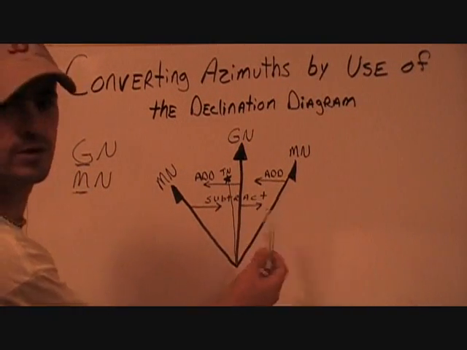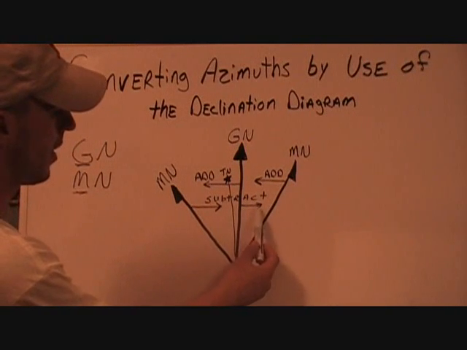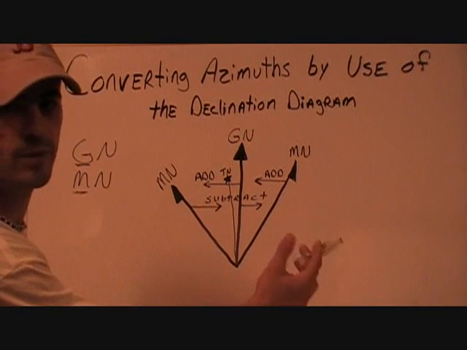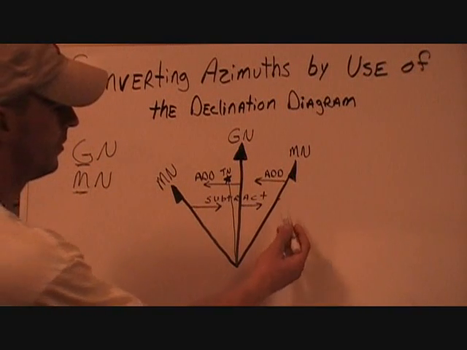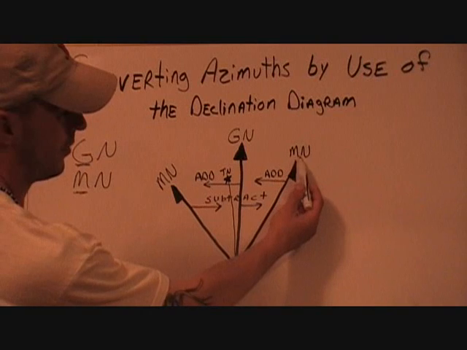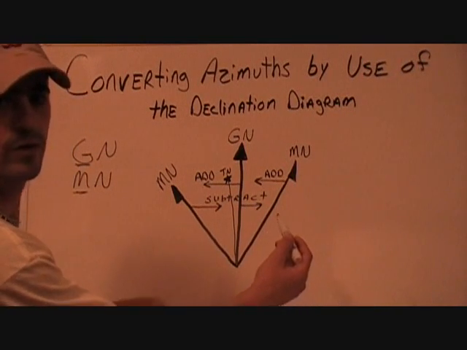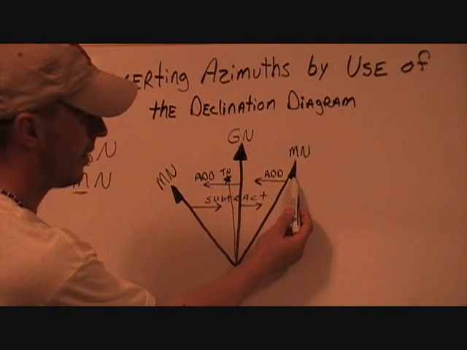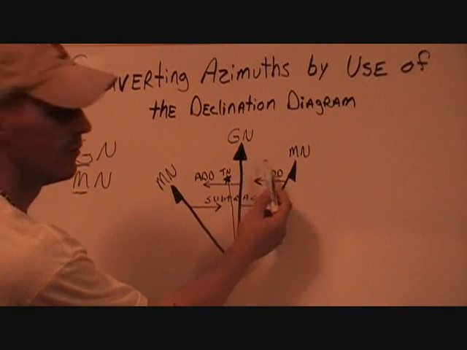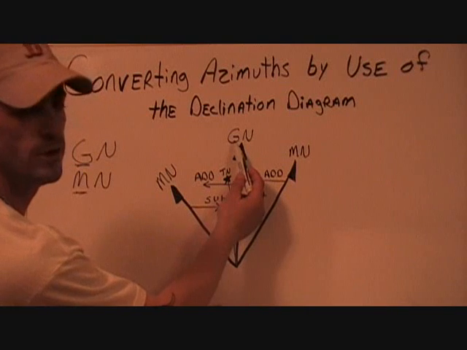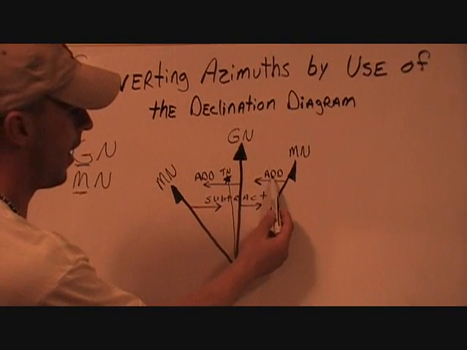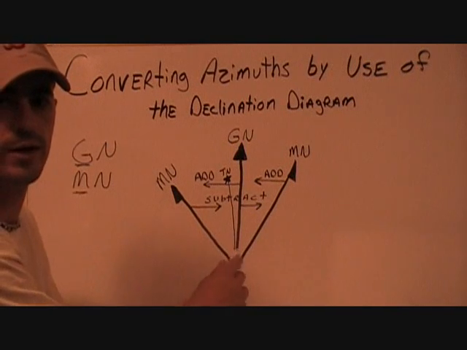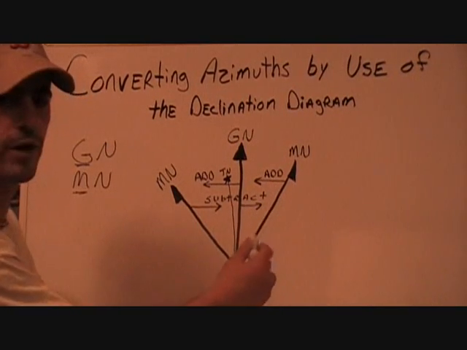So let's look, for instance, on this right hand side. You can see my arrows here. A half an arrow on your line represents magnetic north. So my half arrow here with the MN, that's magnetic north. So if we're going to convert an azimuth from magnetic to grid, which is major to general, you're going to add whatever that degree is going to give you there on the declination diagram, and vice versa.